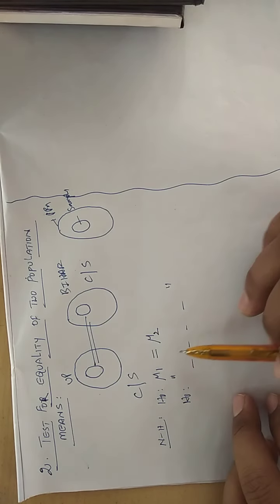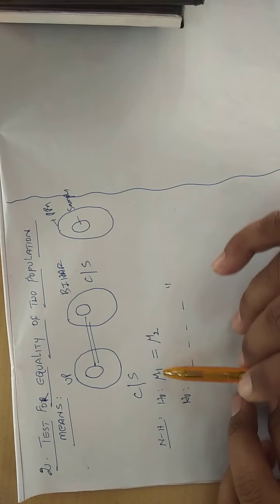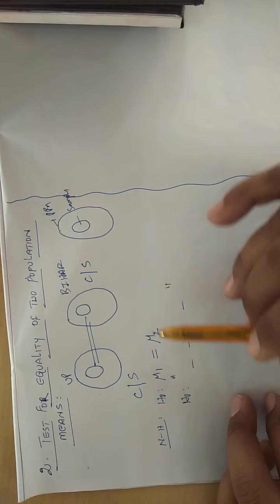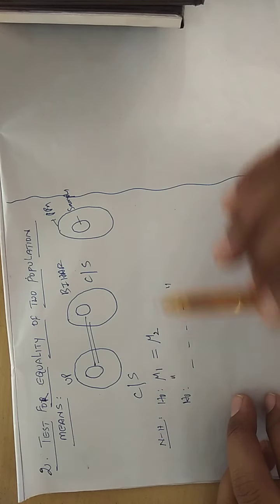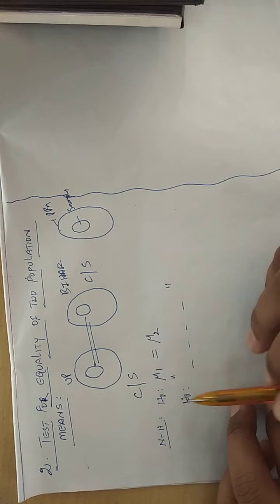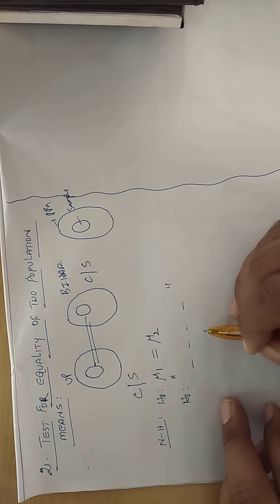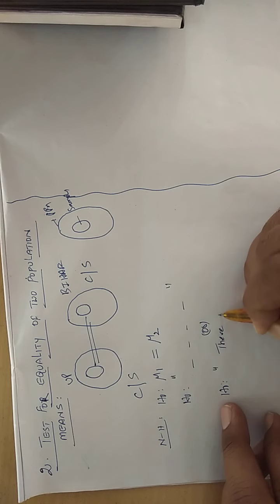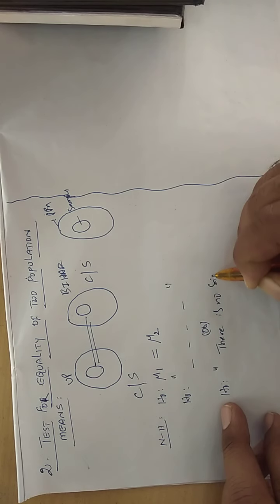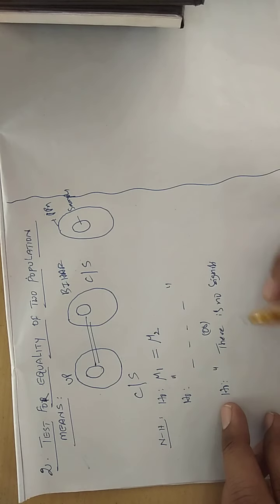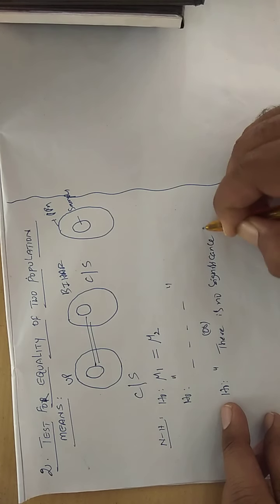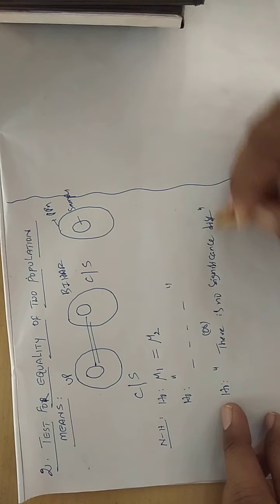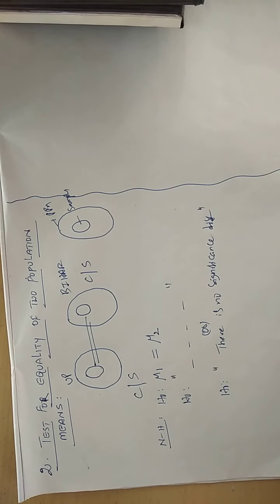Or else, there is no significance difference. When you say there is no significance difference, both are equal: 1 minus 1 is equal to 0, 2 minus 2 is equal to 0. So, the verbal statement here, you can add one more way also: there is no significance difference between the two populations as far as their means are concerned.